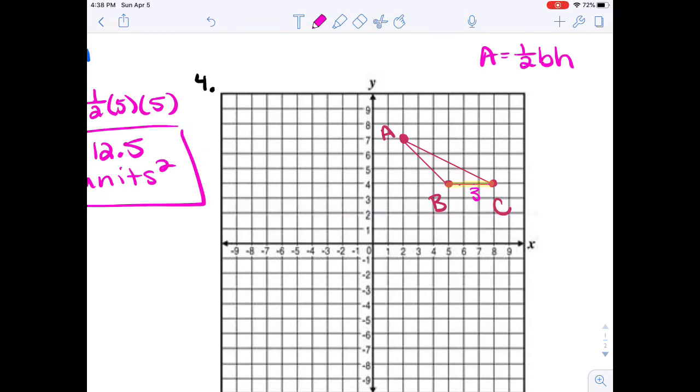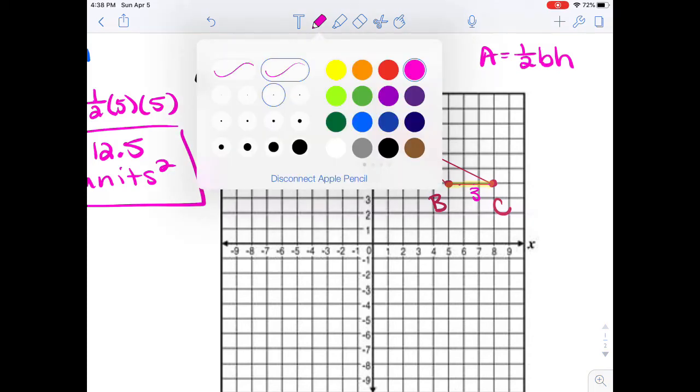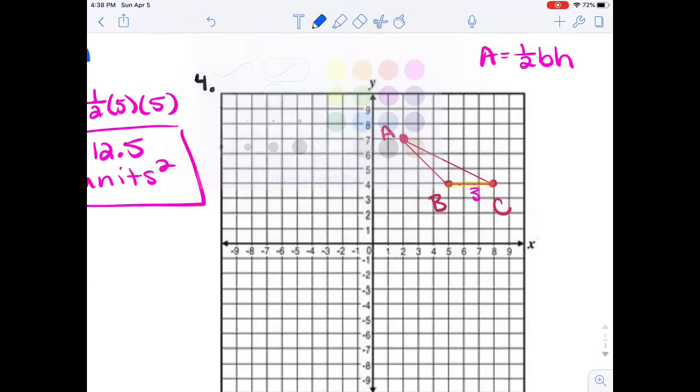So in an obtuse triangle, the height is usually outside the triangle. So meaning the point across from that base is A. So if I needed to drop down a height, drop down a perpendicular line to that base, I'm going to just have to drop it down outside the triangle.